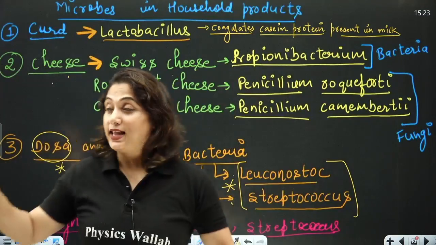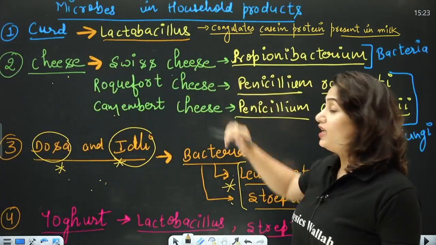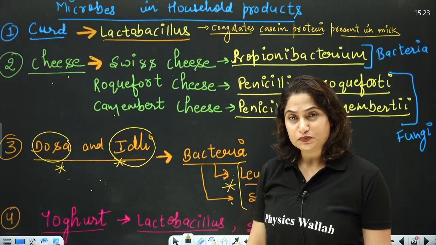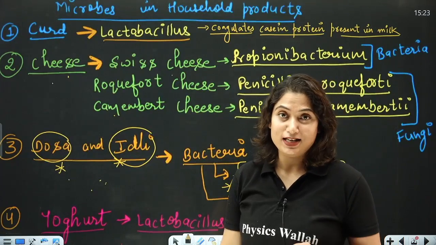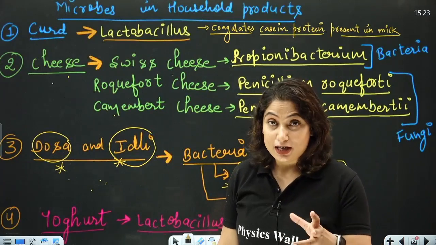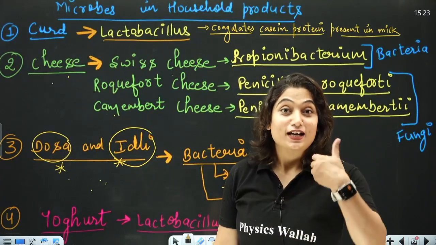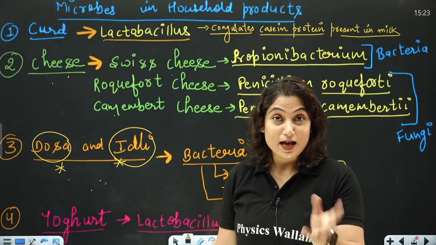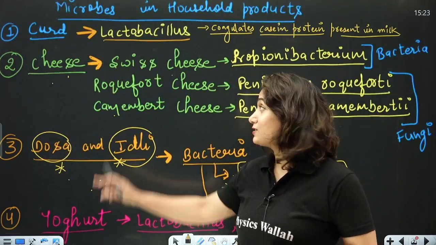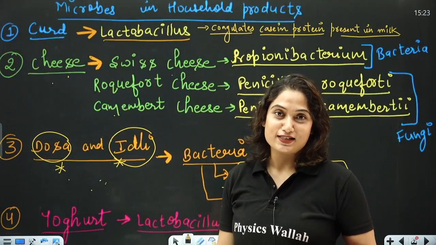You know that the curd is formed with the help of the bacteria Lactobacillus. How? The Lactobacillus bacteria performs anaerobic respiration, and anaerobic respiration is the respiration which occurs in the absence of oxygen. And what kind of anaerobic respiration is seen in this bacteria? That is lactic acid fermentation.